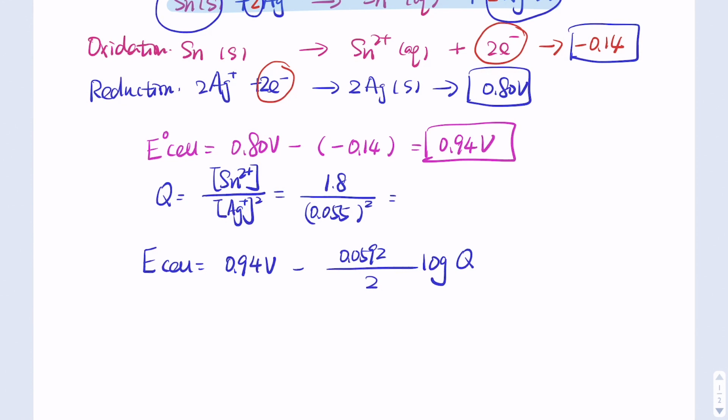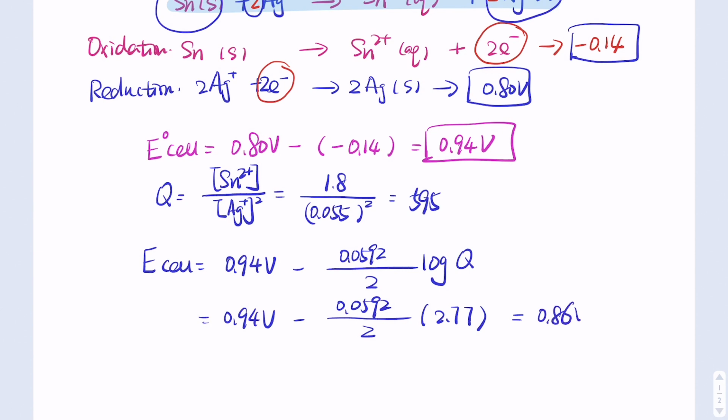It's going to be 1.8 divided by 0.055 squared. That Q is 595. You take a log of it, so this turns out 0.94 minus 0.0592 over 2 times 2.77. You finish off the whole calculation, and this will be 0.86 volts.